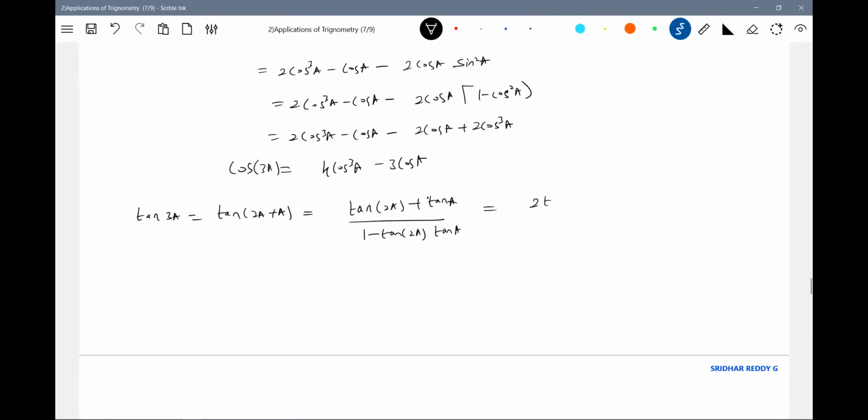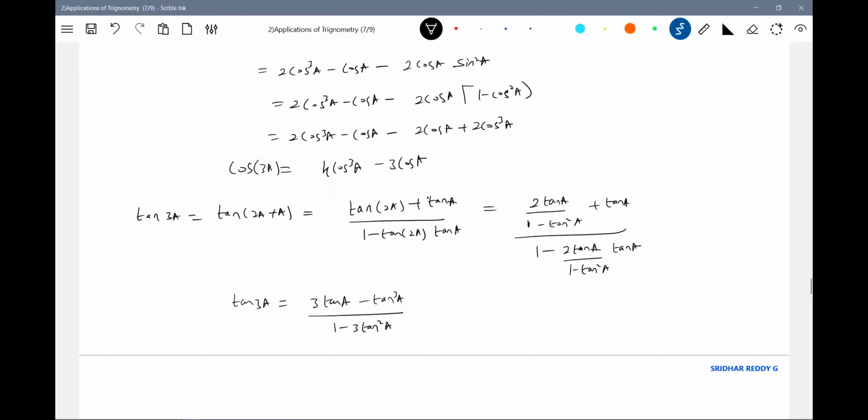Tan 2A is 2 tan A by 1 minus tan square A. Substituting and simplifying all, it will end up as (3 tan A minus tan cube A) over (1 minus 3 tan square A).